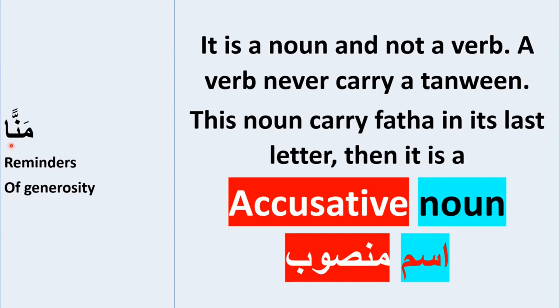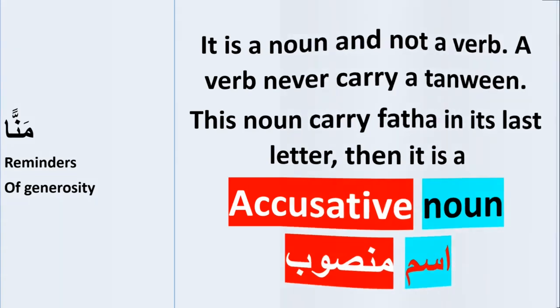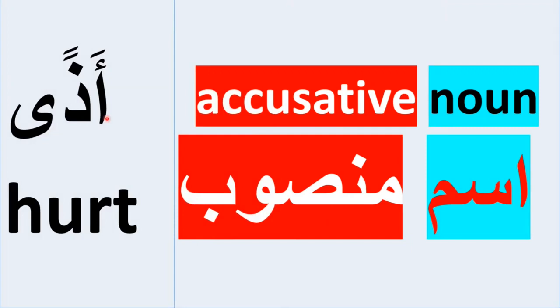It is a noun and not a verb. A verb never carries a tanween. This noun carries a fatha in its last letter. Then it is an ism mansoob, accusative noun. أذى, hurt. Ism mansoob, accusative noun.